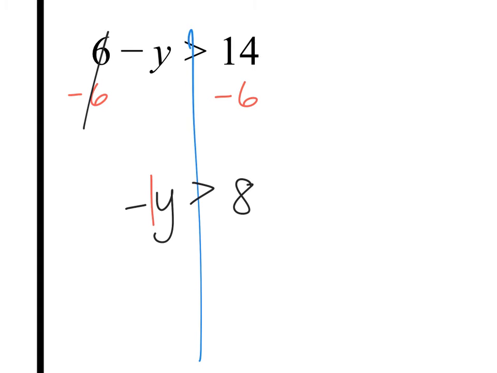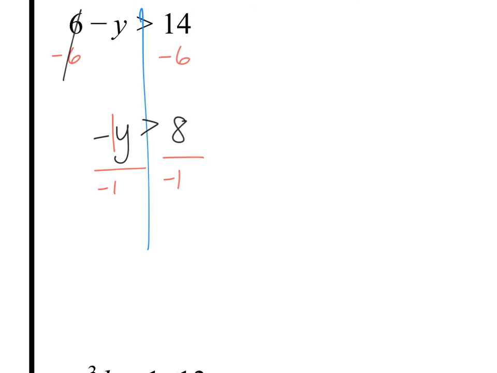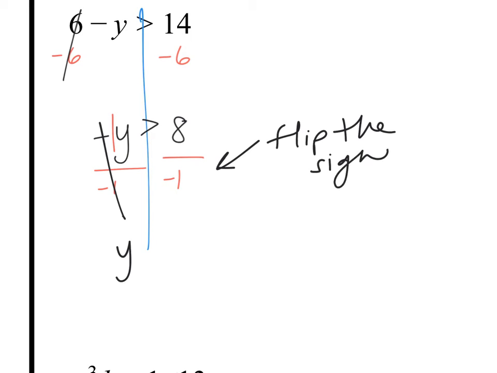There is a 1 in front of this. So let's divide now by negative 1. That cancels out. Because you divided by a negative, you need to flip the sign so that you get y is less than negative 8.